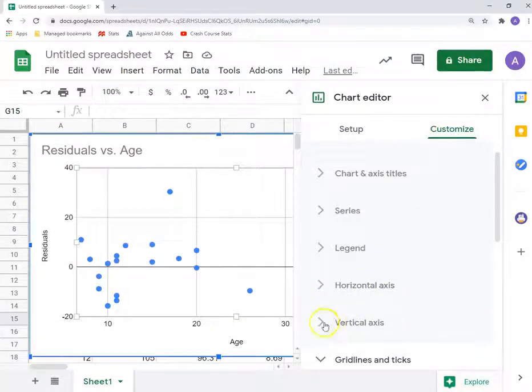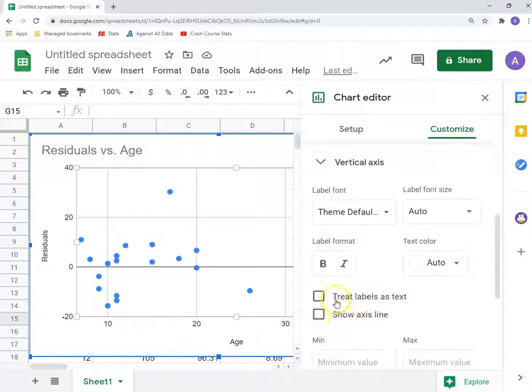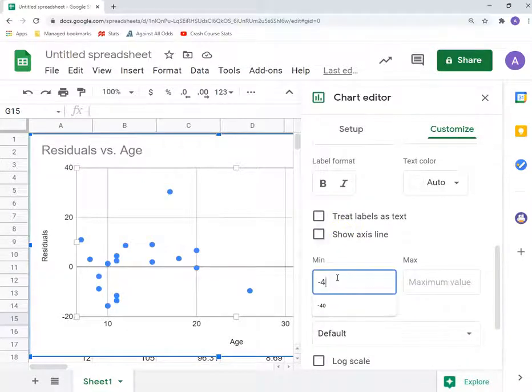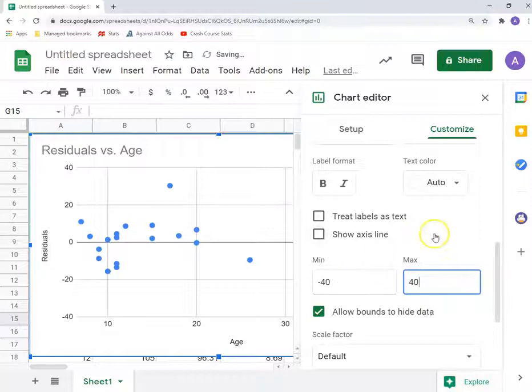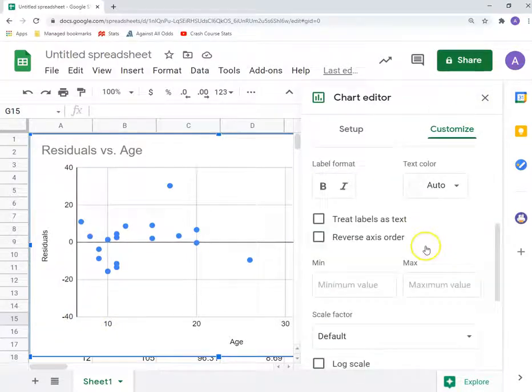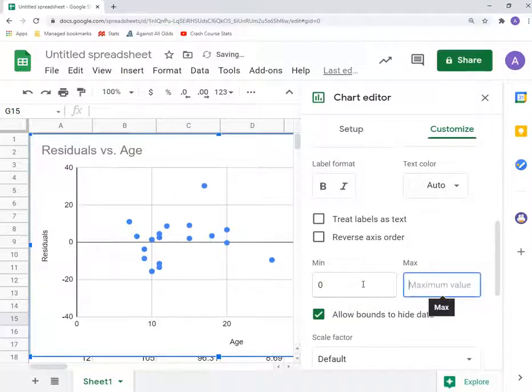So I'm going to change my vertical axis to go from negative 40 to positive 40. And then I also don't like how it starts at, I think, 5. Because 10 to 20 is huge. And this is definitely not 0 to 10. So I'm going to mess with my horizontal and tell it to go 0 to 42. So why don't we go to 50?